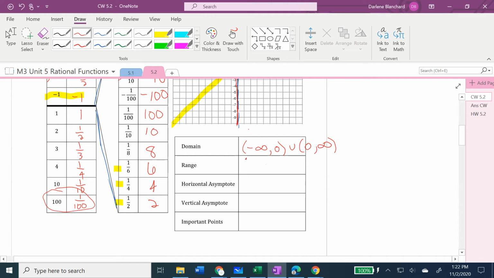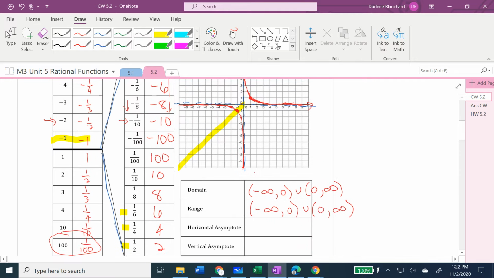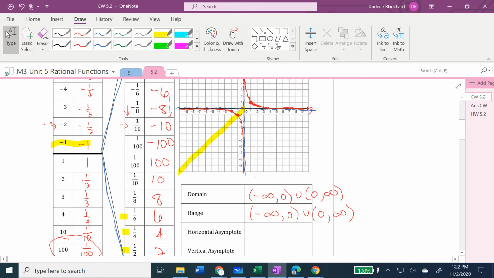Every y value will be hit, but you will never get 0. As you try to get 0 for a y value, you're looking at x's that are like positive a billion or negative a billion. They're really close to 0, but they're not equal to. Oh, the U symbol is a union symbol, and if you don't use it, I'm okay with that. I'm okay if you just list them.